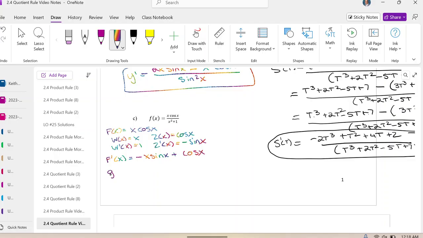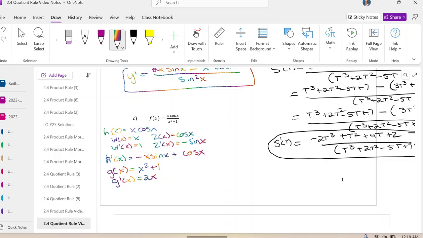Then the denominator is x squared plus 1. For the numerator, I'm going to use a different letter than f, since f is right there, so let's use h. So g of x is x squared plus 1, and g prime is 2x.